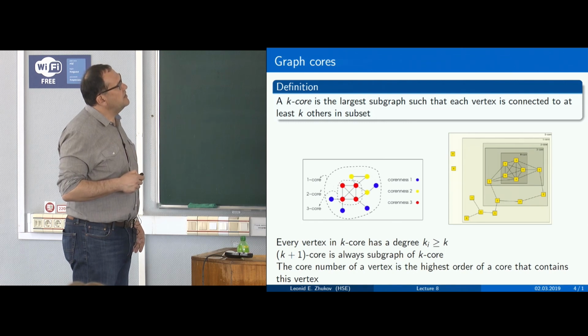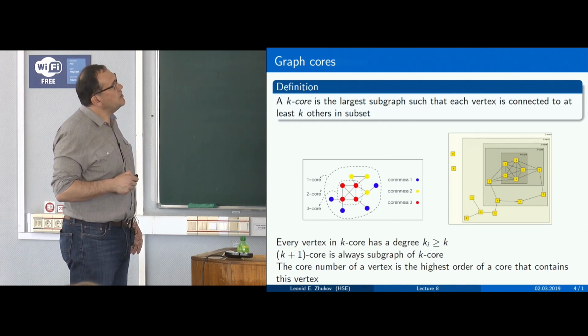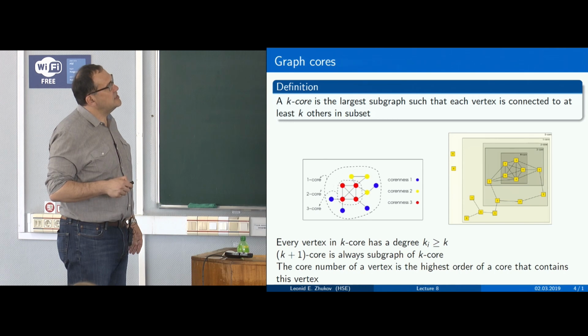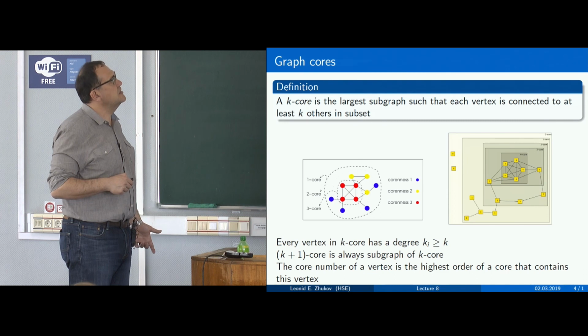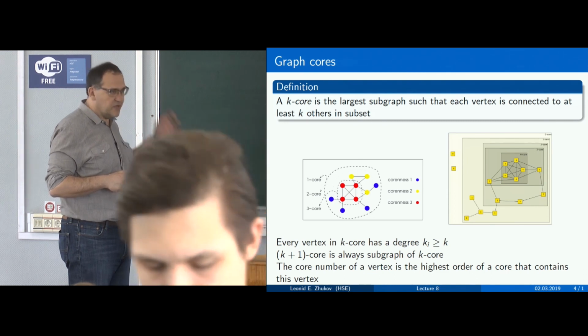Okay. So a K-core, the definition. A K-core is the largest subgraph such that each vertex is connected to at least K others within that subset. So, for example, a 2-core is the largest subgraph where each vertex is connected to at least 2 other vertices within that subgraph.